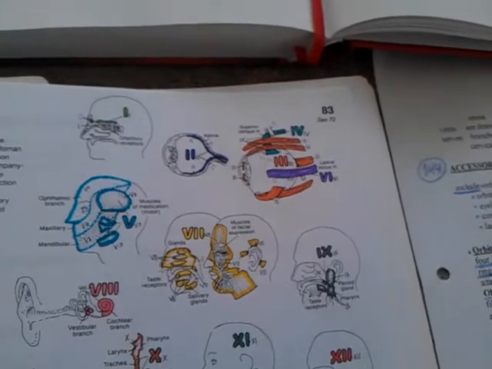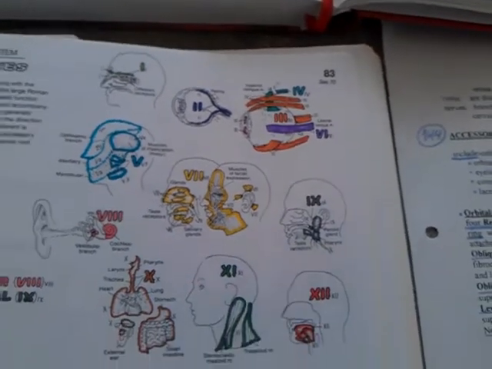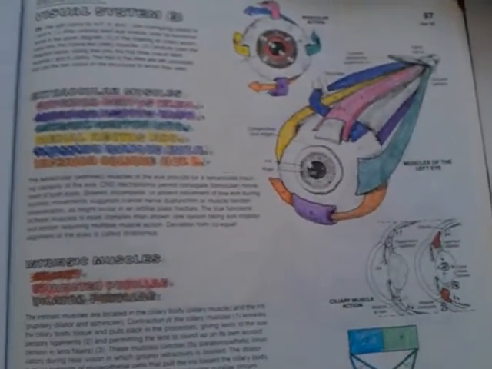And then we have the inferior orbital fissure, where you have a non-striated orbitalis muscle supplied by sympathetic nerve fibers.